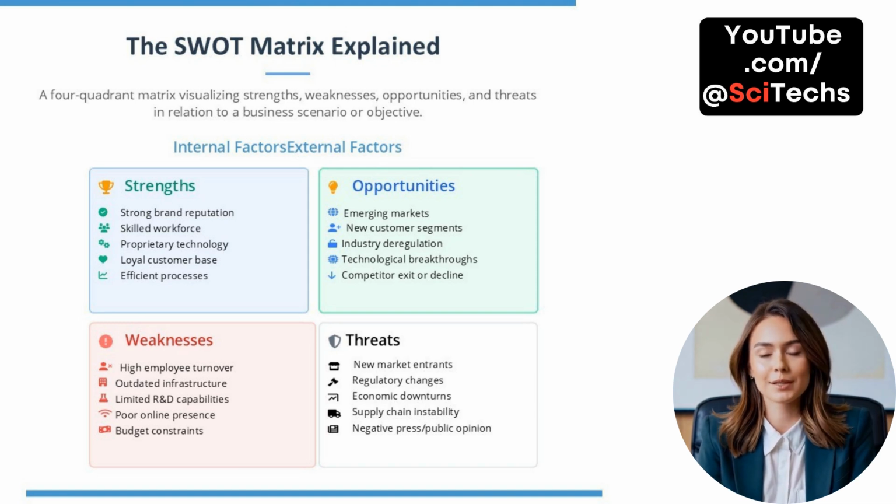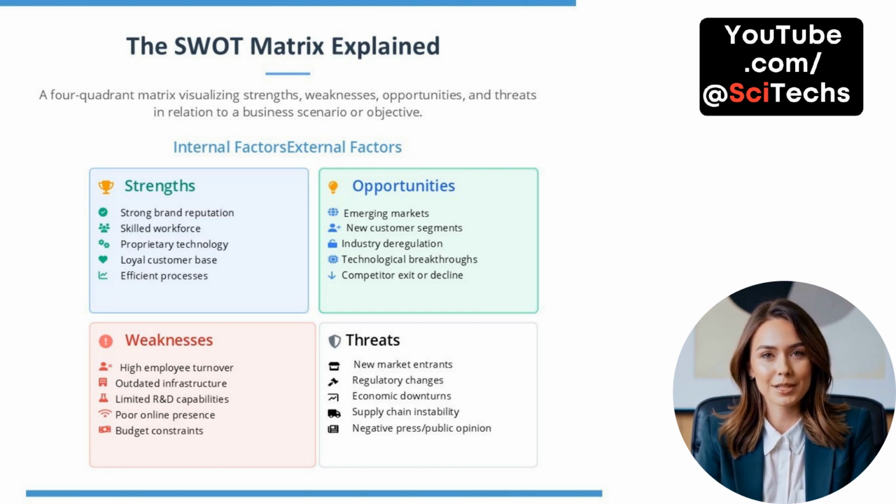For example, strengths might include skilled workforce and proprietary technology, while weaknesses might feature outdated infrastructure or budget limits. On the external side, opportunities might involve market deregulation or technological advances, whereas threats could include regulatory shifts or new competition.